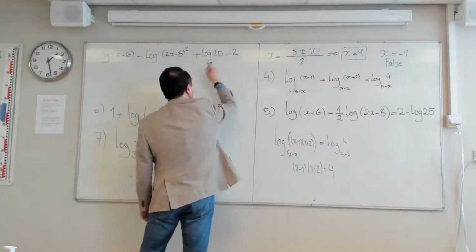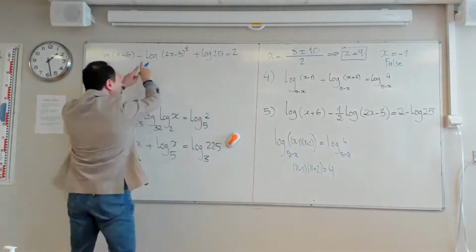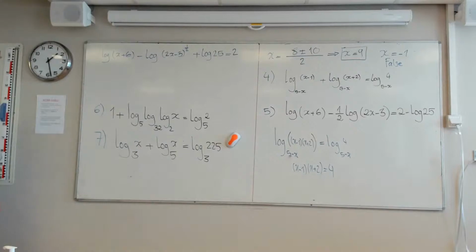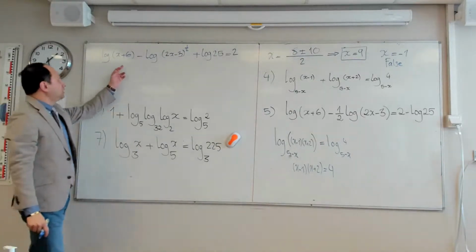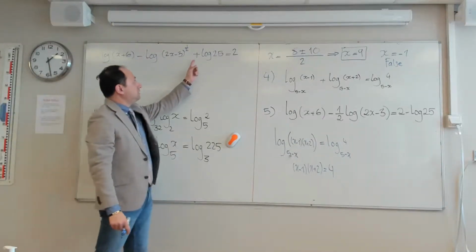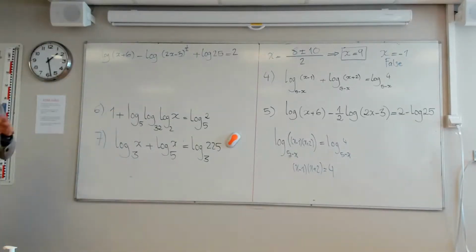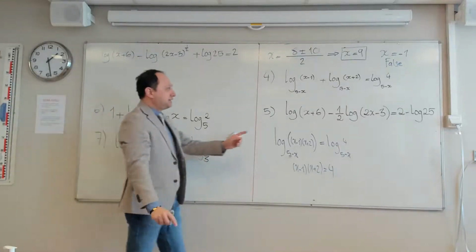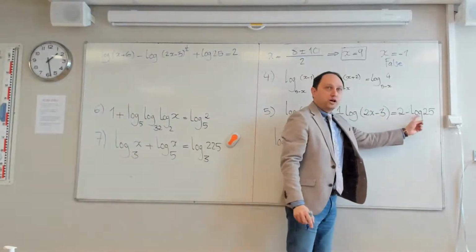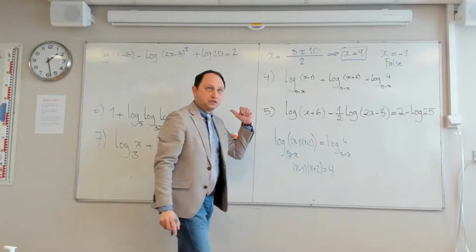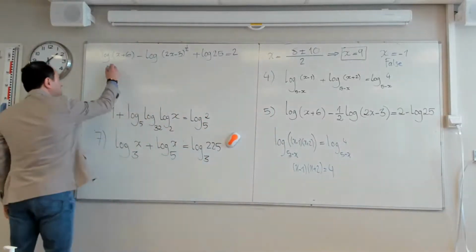And then it becomes 2. Now, can you help me to collect everything in one log? I have the log minus another log plus another log. The good point is that all of them have the same base. Can I collect them into one log? Yes. So now you understand why that was a good idea to move it to the left. So what can I do?